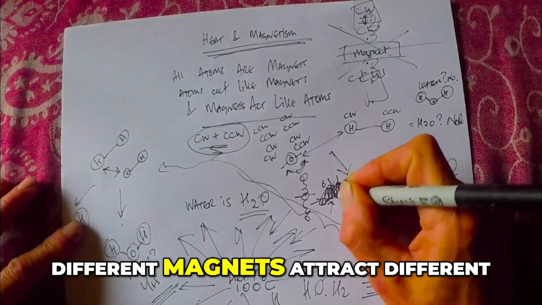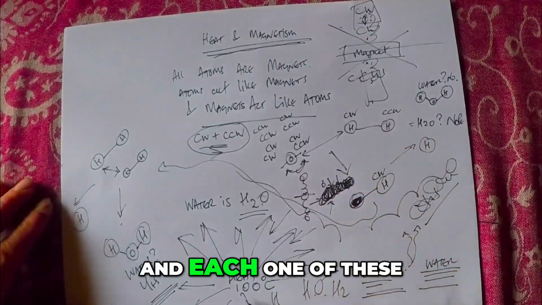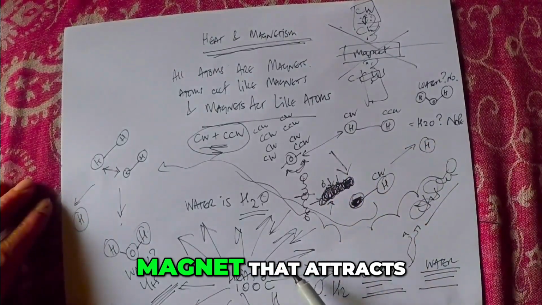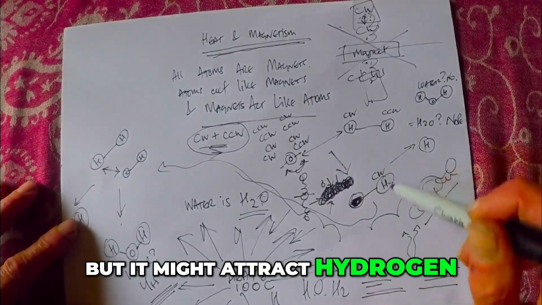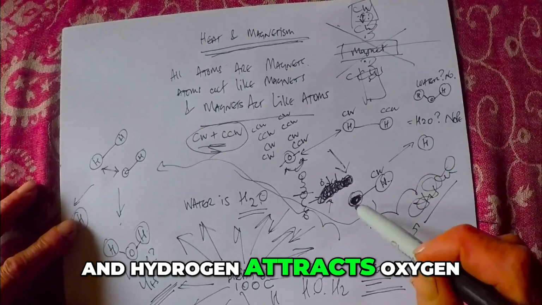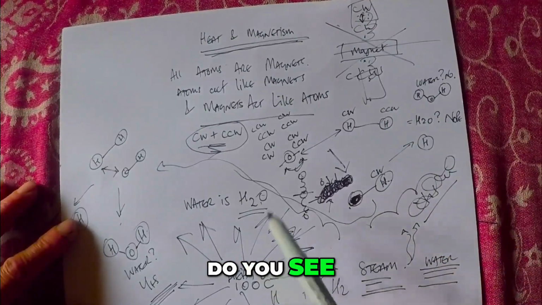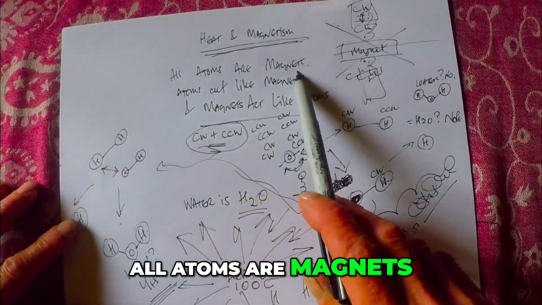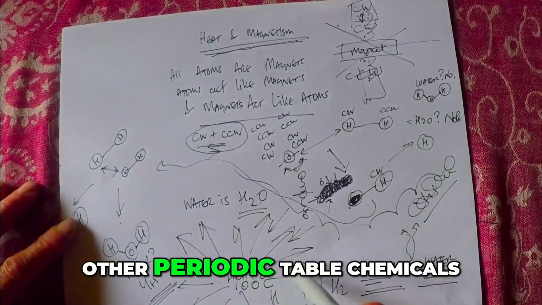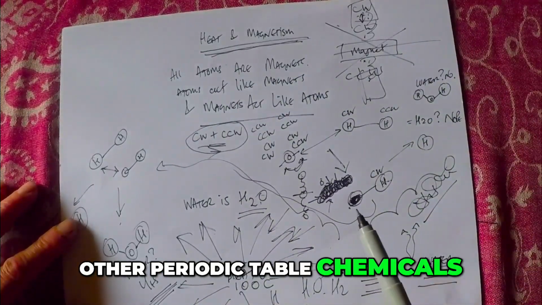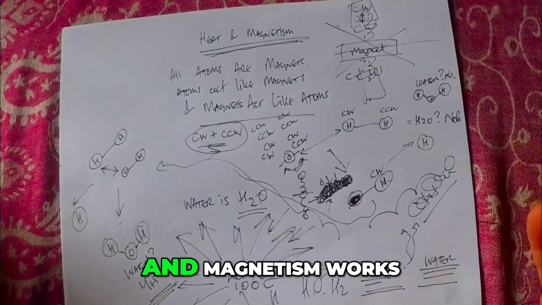But different magnets attract different things, and every atom is a magnet that attracts not iron, but it might attract hydrogen, and hydrogen attracts oxygen. Do you see? All atoms are magnets for other magnets, other periodic table chemicals. And that's how heat and magnetism works.